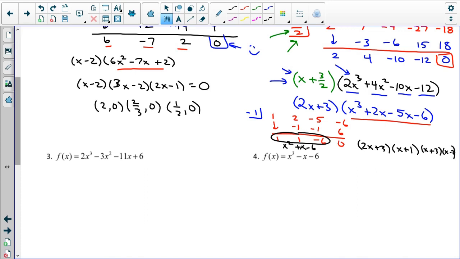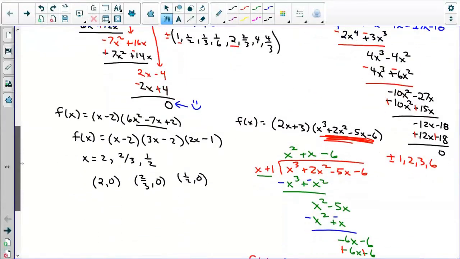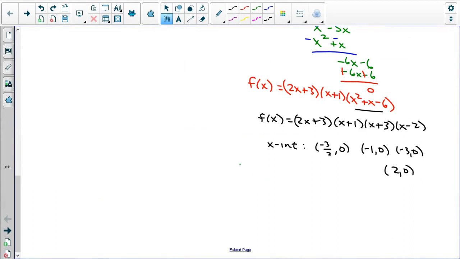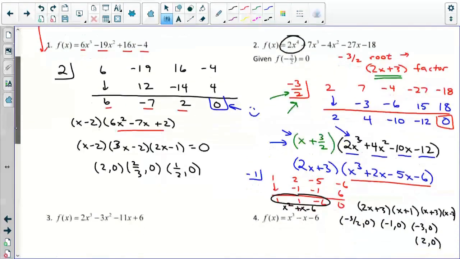And I can figure out that my x-intercepts are at negative 3 halves, 0, negative 1, 0, negative 3, 0, and 2, 0, which should be the same as the other side. It was way down there, but those are the same x-intercepts. It should be because it's the same problem.